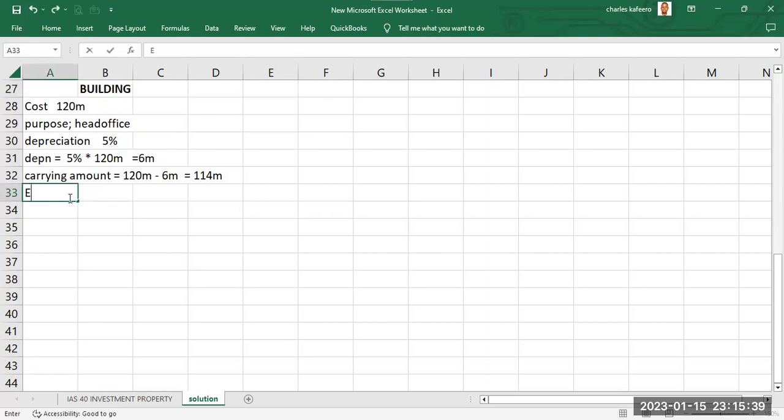We start with the extract of the statement of profit or loss and other comprehensive income.